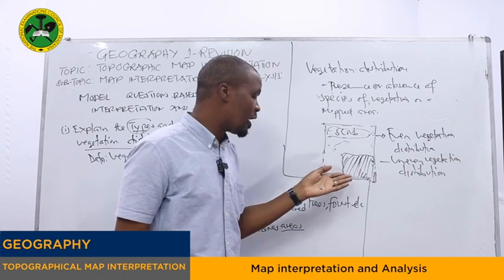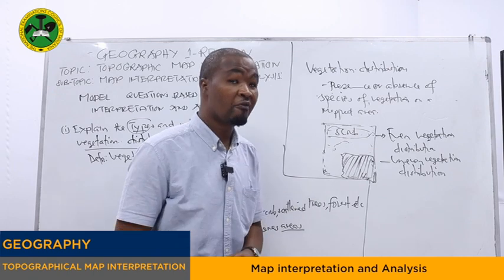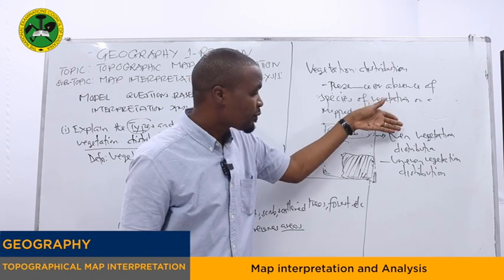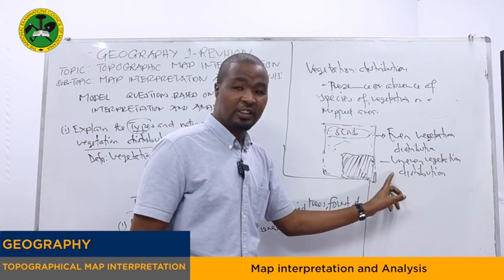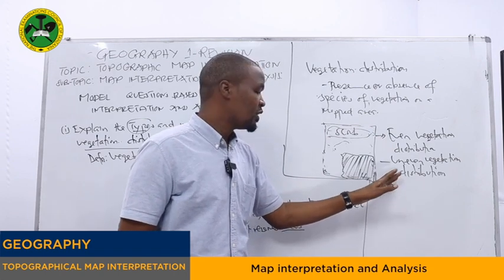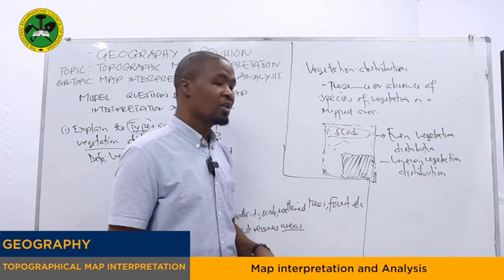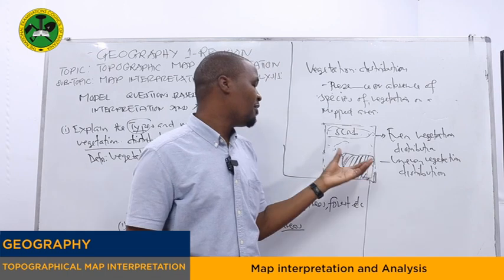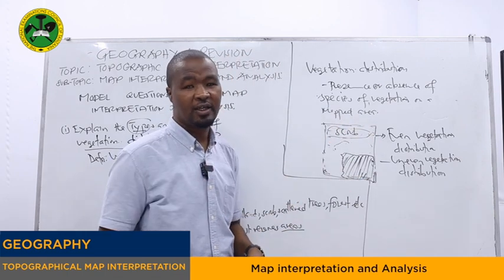Maybe because the scrub has covered the whole southern eastern part of my map. Then we call it even vegetation distribution. But I repeat, the uneven vegetation distribution is our correct answer mostly, because most of the vegetation will rarely cover the whole map, as I've explained earlier.